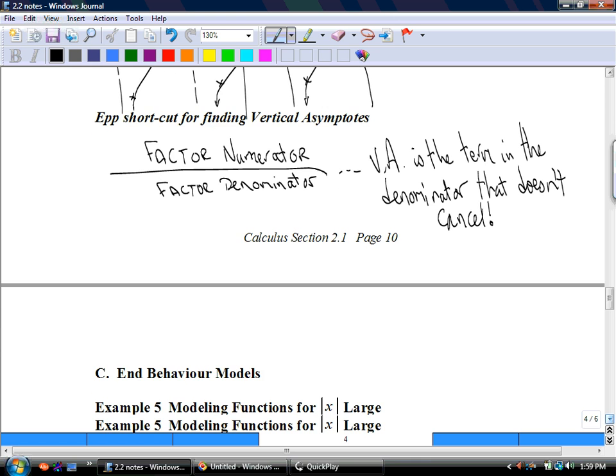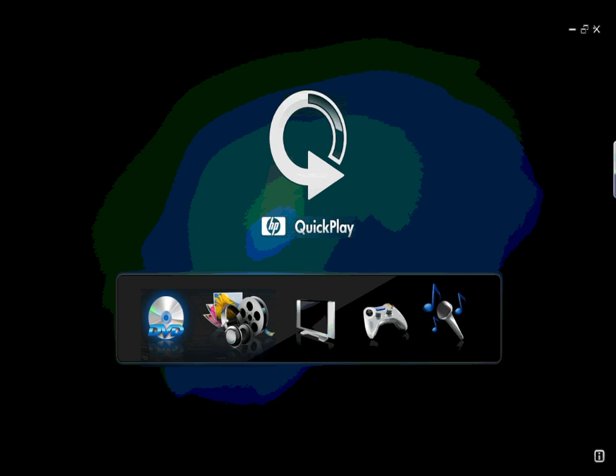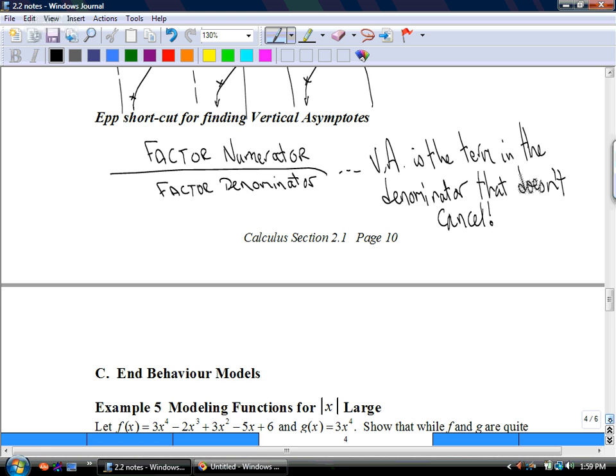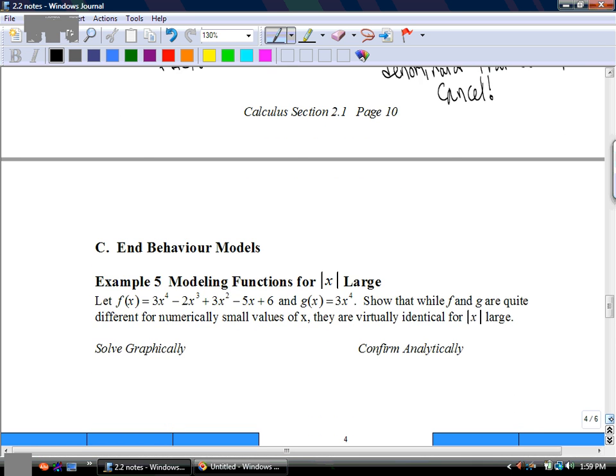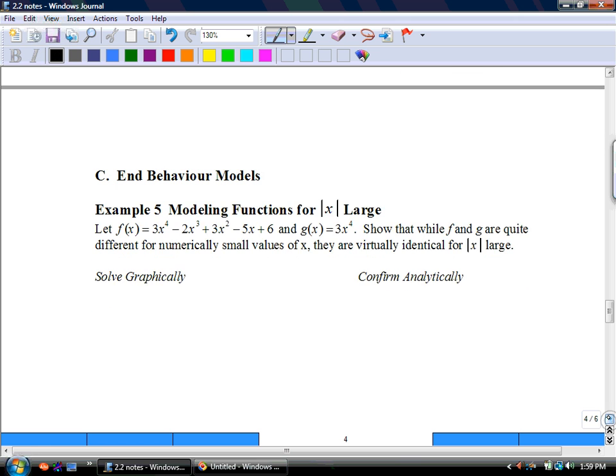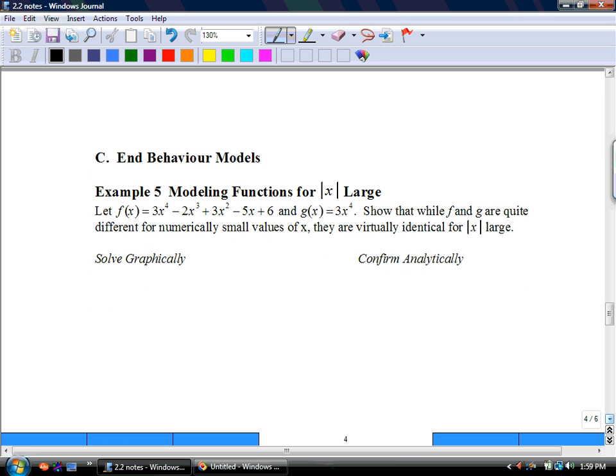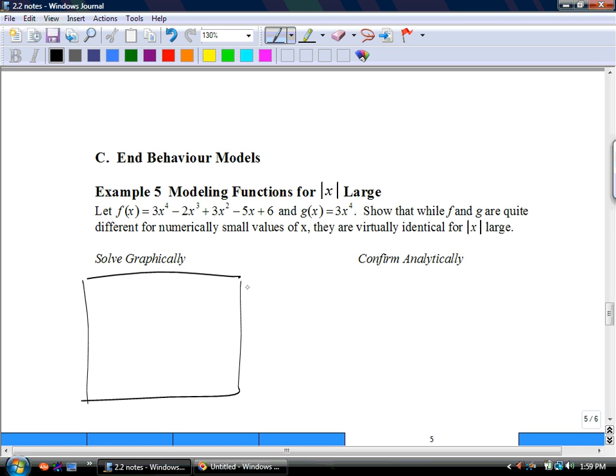End behavior models. Oops. So in your graphing calculator, in y1 I want you to put f of x down, and in y2 I want you to put g of x down.